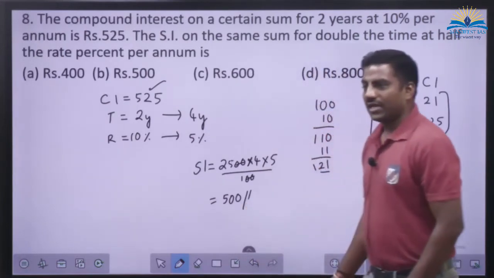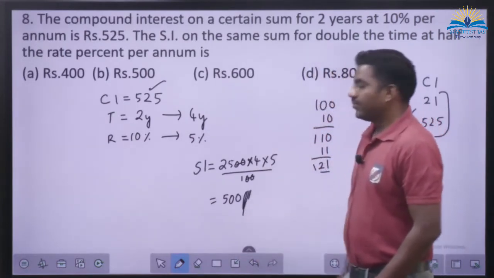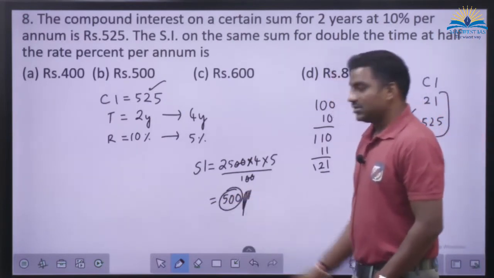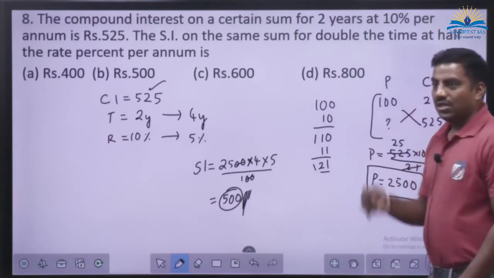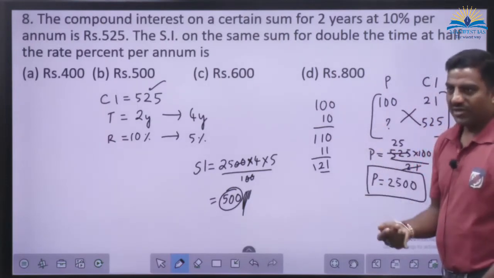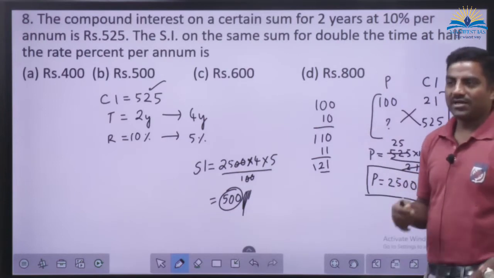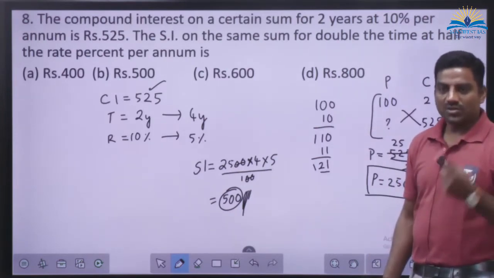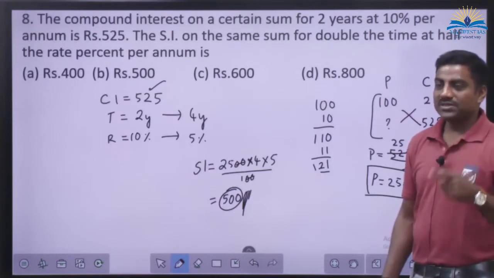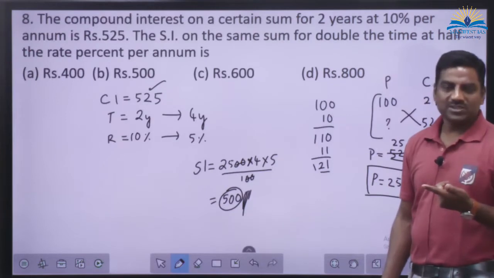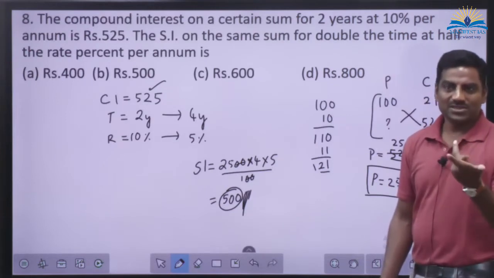And here, we are getting 500. So what is that difference? R on R: rate of interest on rate of interest of principal. What is the R here? 10%. 10% on 10% is how much? 1%. 1% on how much? 2,500. That is the principal. So 25 is the difference.